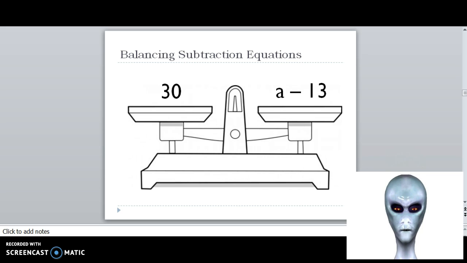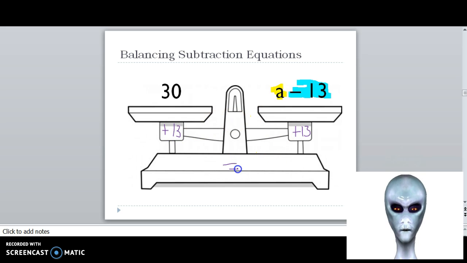Now on this example, our variable, or our unknown, is on the other side of the equal sign. But our concept still stays the same. Because I'm subtracting 13, I'm going to add 13 to find my unknown.